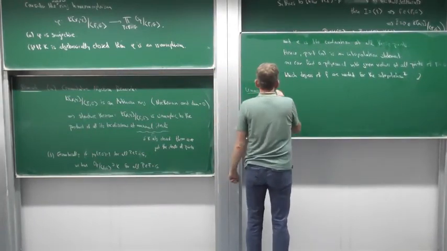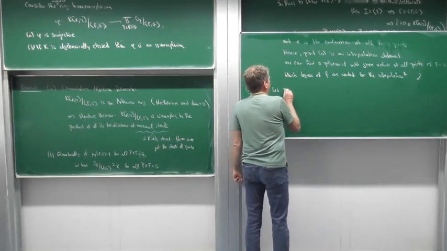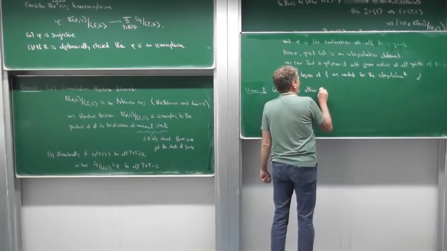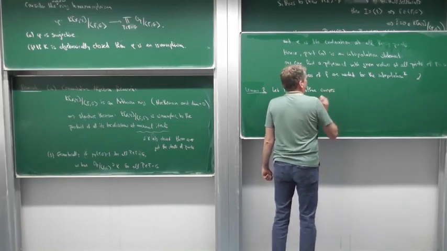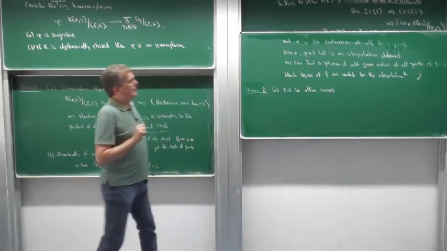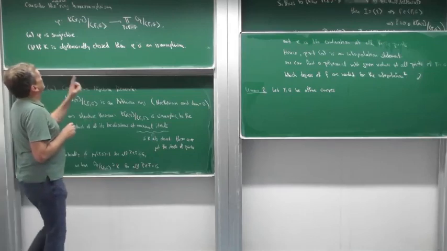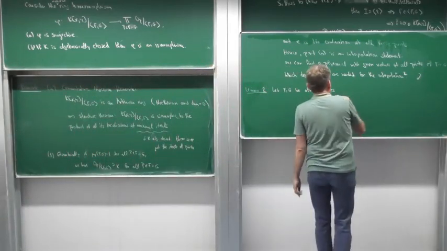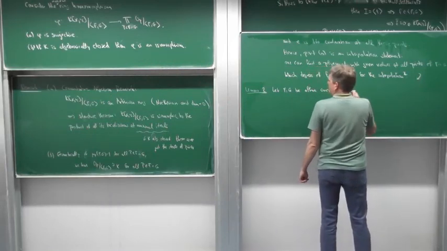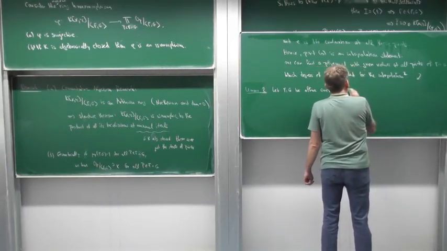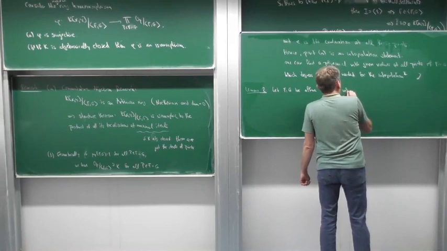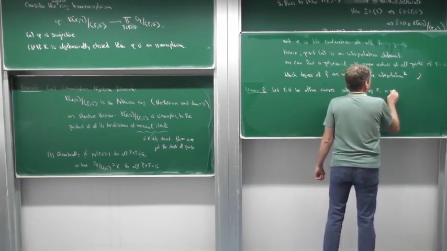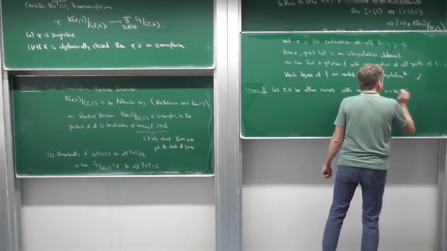So we start again with f and g. So let f and g be affine curves. And for that, we need a slightly different assumption, not that they have no common component, but that their leading terms have no common component. So let's denote the degrees by m and n, where m is the degree of f, and n is the degree of g.